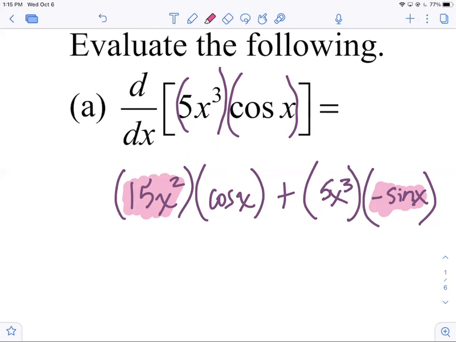You did them both at the same time. Don't do that. That's the wrong way. One at a time. Two factors generate two terms. There you go.